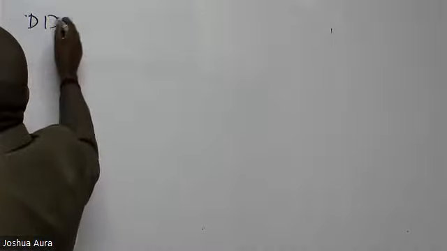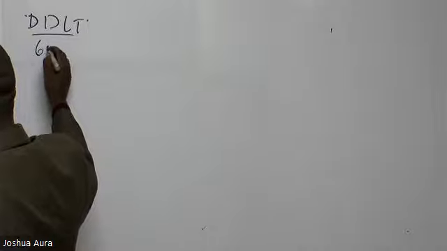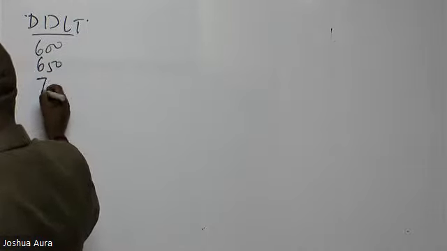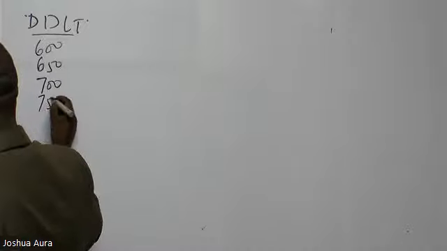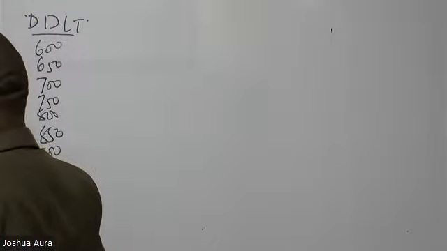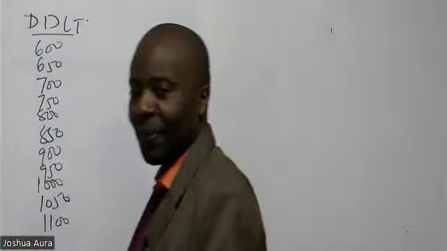So it is DDLT, demand during lead time: 600, 650, 700, 750, 800, 850, 900, 950, 1,000, 1050, 1,100.